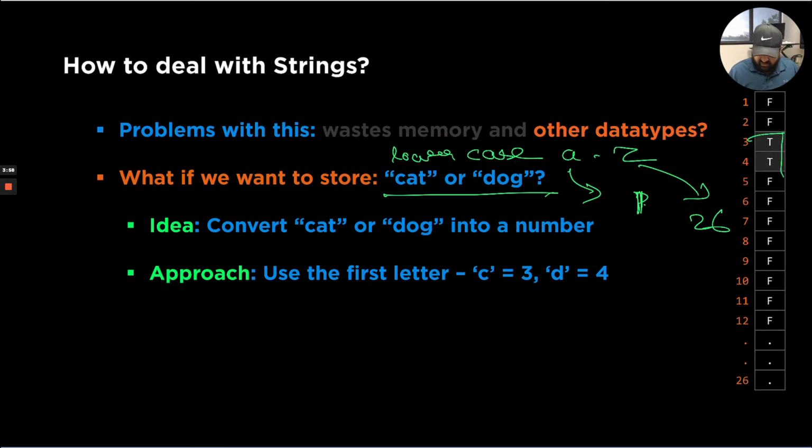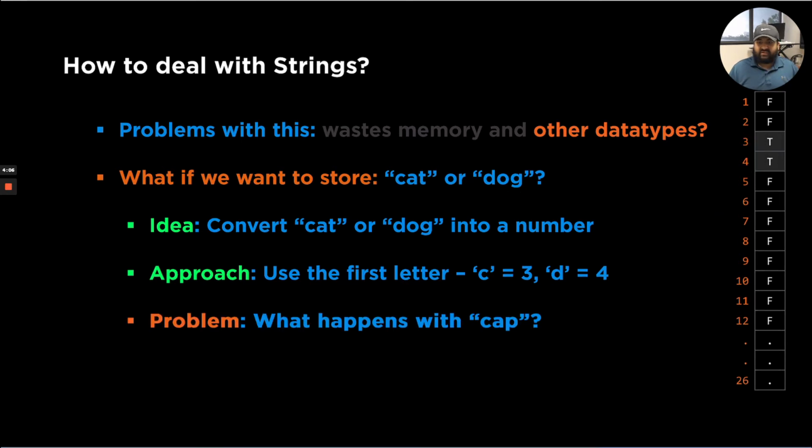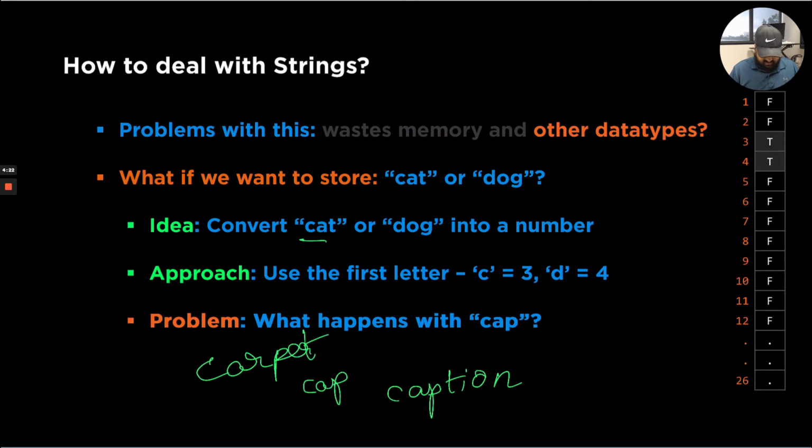We are just assuming that we have changed the flag from false to true. But again, what is the problem with this one? Let's say now we have another string that starts with C, like cap, caption, carpet, or even CT scan, and so on.